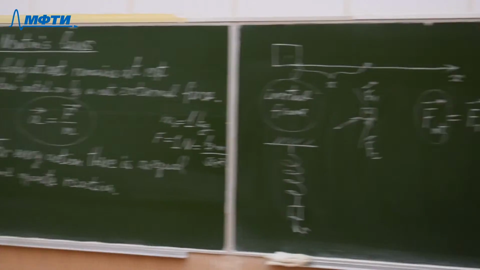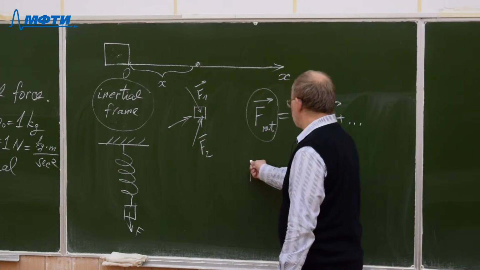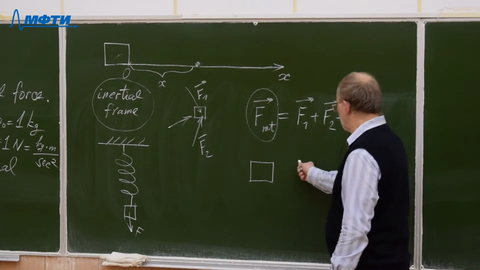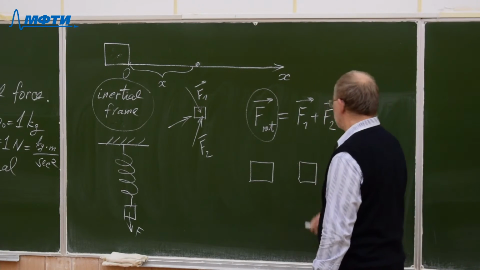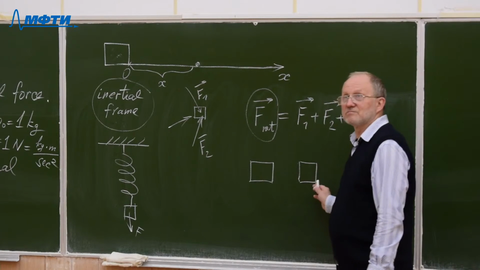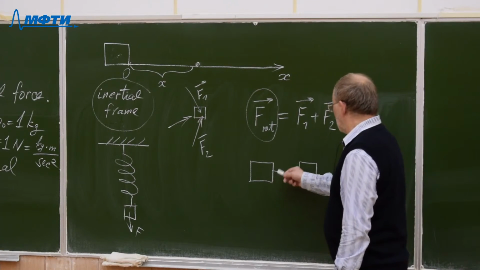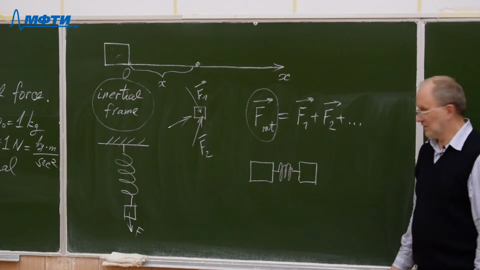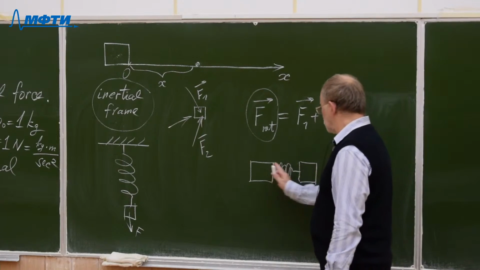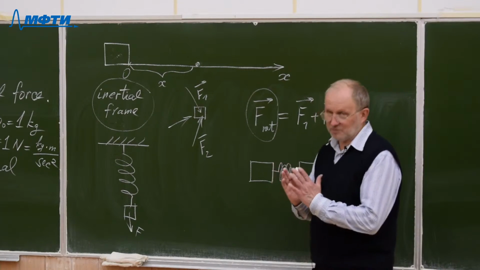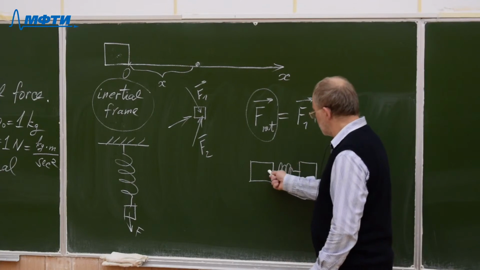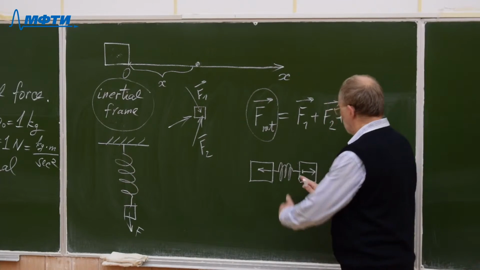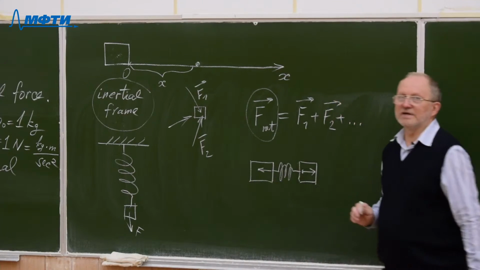It means that if two objects somehow interact with each other, for example, by means of a spring. So the spring, if you compress the spring, it will act with some force on this body and with some force on this body, attempting to push them away.